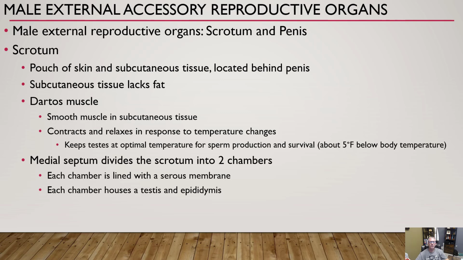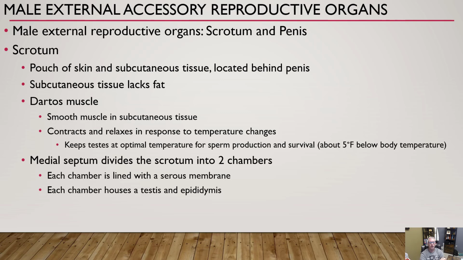All right, external reproductive organs, the scrotum and the penis. So the scrotum, we all know it's that pouch of subcutaneous tissue that's located behind the penis and between the penis and the anus. It does not have any adipose tissue. It lacks fat.